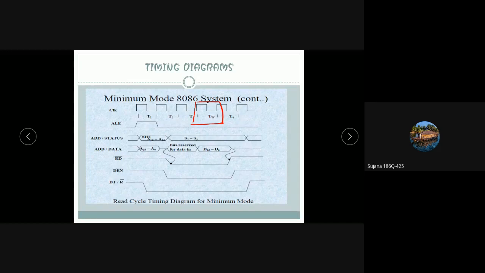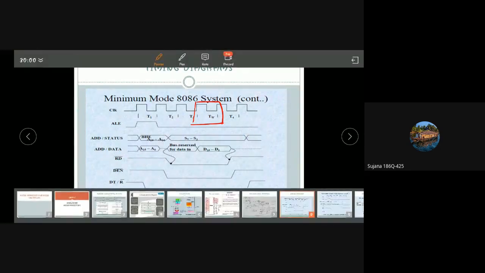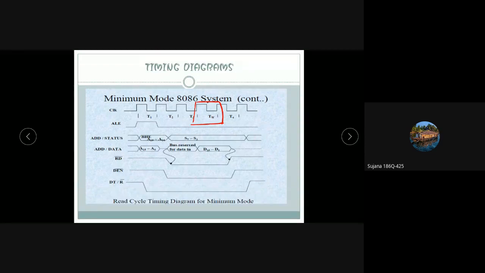But in the case of these operations, the opcode fetch and read cycles are similar. This is your read cycle timing diagram for minimum mode. For fetching, you can use this same diagram. For opcode fetching and for read cycles, the timing diagrams are similar.